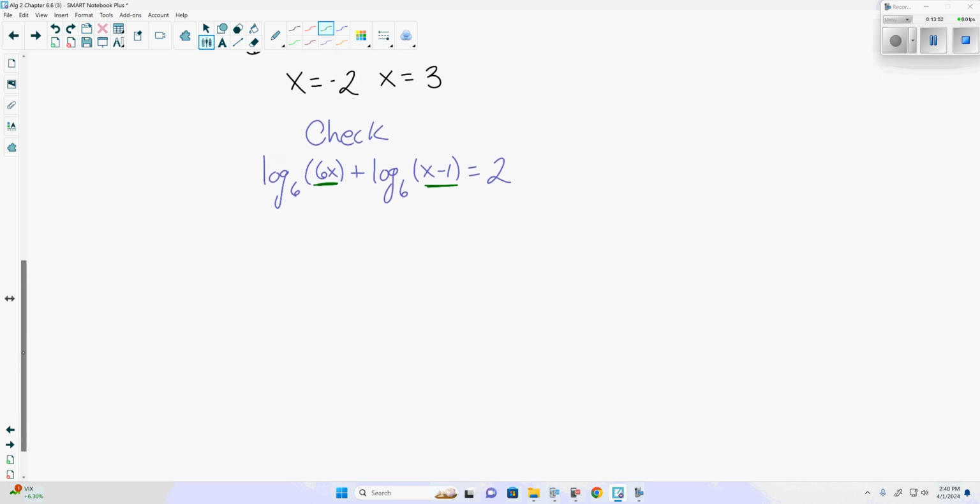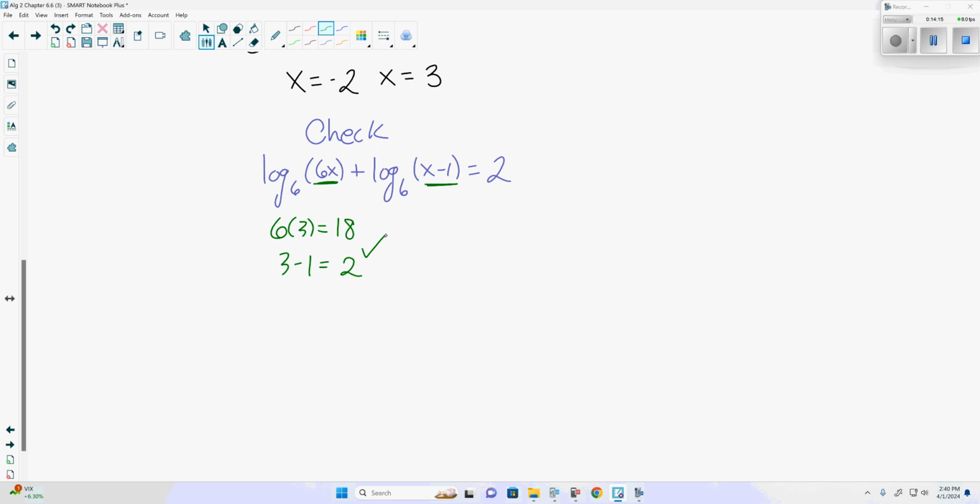Because if either one, it doesn't have to be both, if either one of those is negative, it doesn't work. So if I look at 3, well, 6 times 3 is 18. That's fine because it is not 0 and it is not negative, so we're good. The other one, our x minus 1, would be 3 minus 1, which is 2.